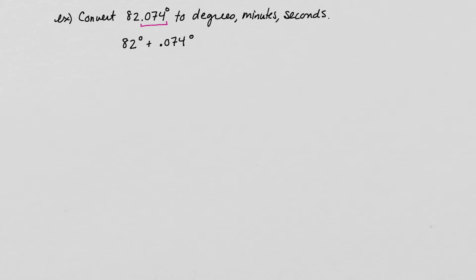And now what we're trying to do is go back the other way. Just like before I multiplied, we're going to do the same thing, except this time I want to get rid of the degrees. So I'm going to put 1 degree on the bottom, and I'm going to put the 60 minutes on the top.